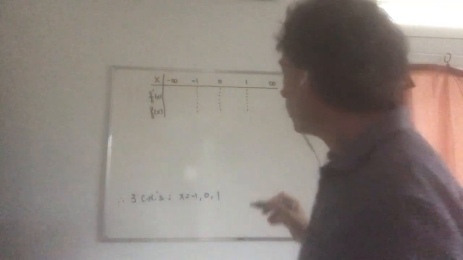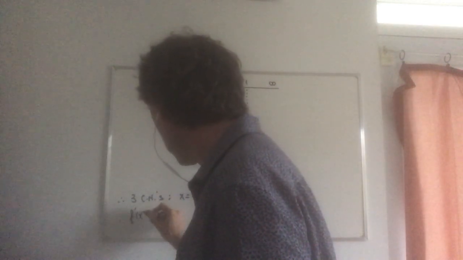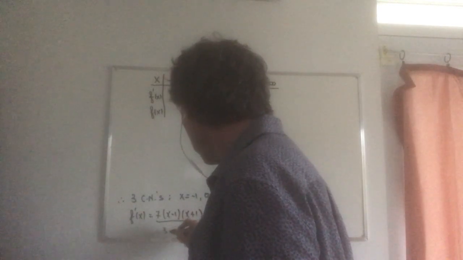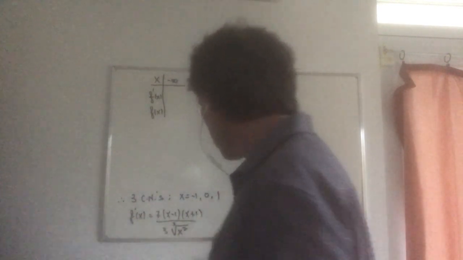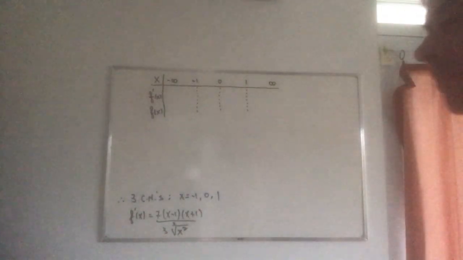Okay, what do I do now? Well, I'm going to need to recall what my derivative was. I'm going to put it down here over 3x to the 2/3, which I choose to write as the cube root of x squared for now.